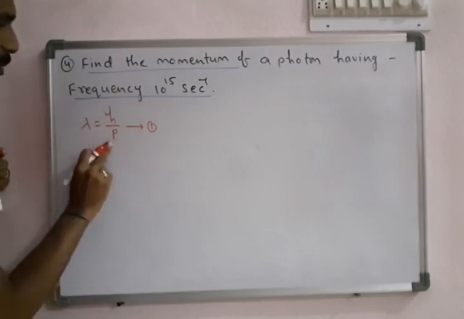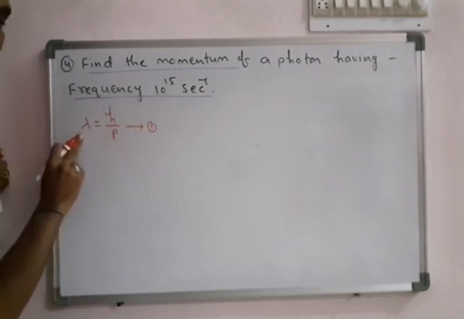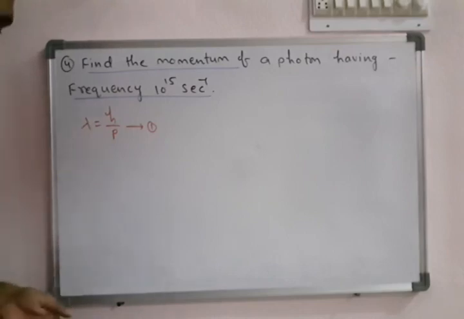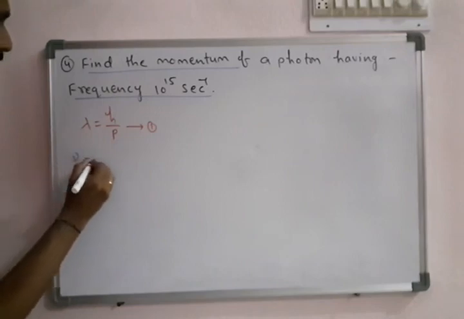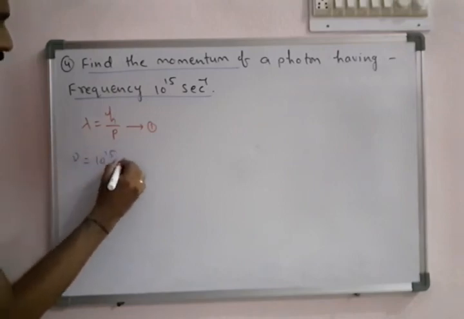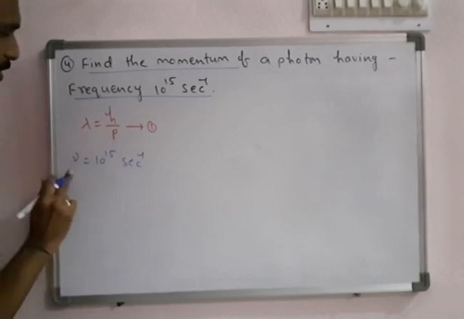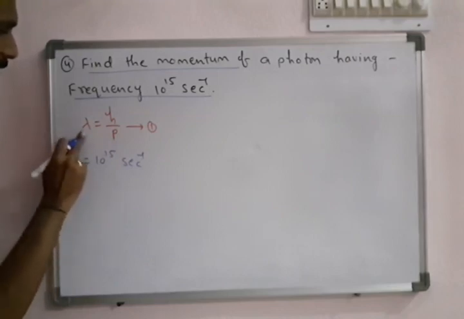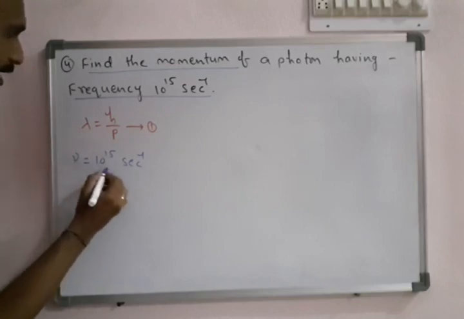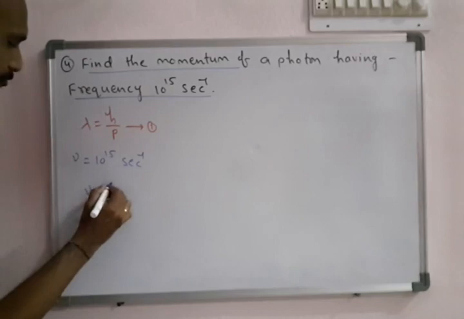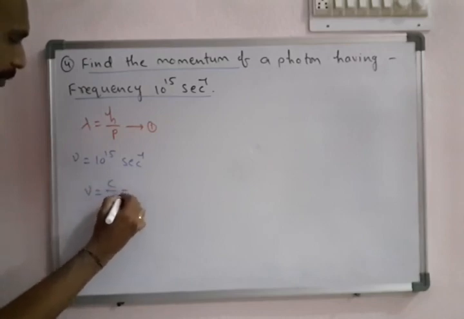To calculate the momentum p, we must know lambda. The information given is the frequency, 10 power 15 second inverse. With the help of the frequency, we can calculate lambda, then substitute in equation 1. What is the frequency and wavelength relation? We know nu equals c by lambda.